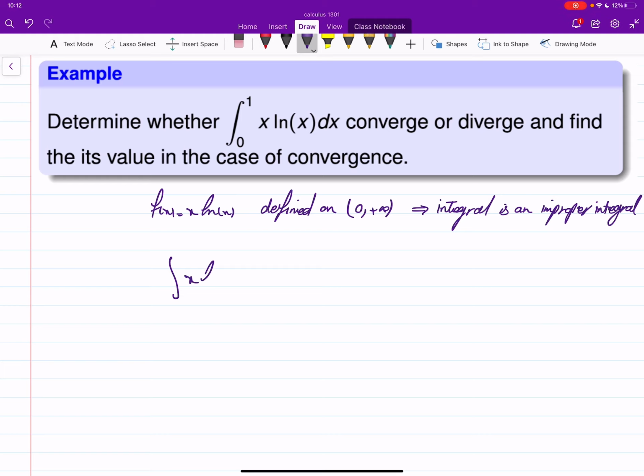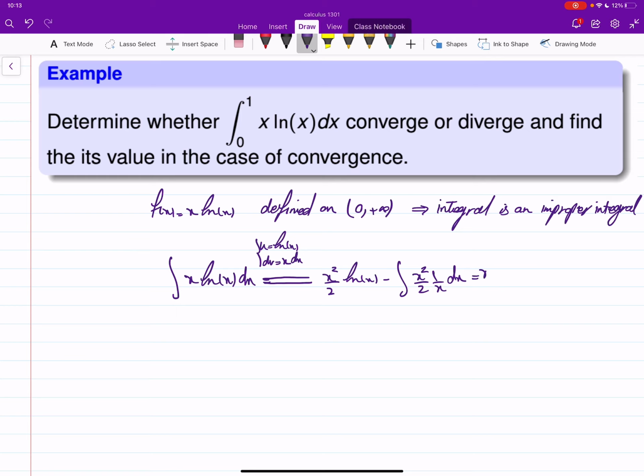So let's just first see what is the antiderivative of x ln x. Here, if you set u to be ln x and dv to be x dx, this is integration by parts, and what you will find is that this is x squared over 2 ln x minus the integral of x squared over 2 times 1 over x dx.